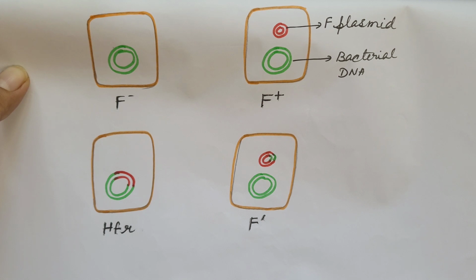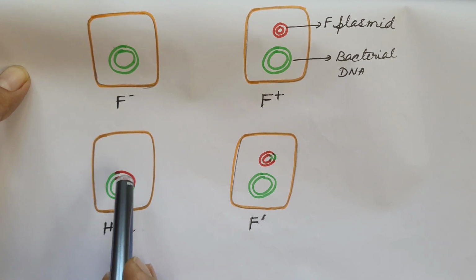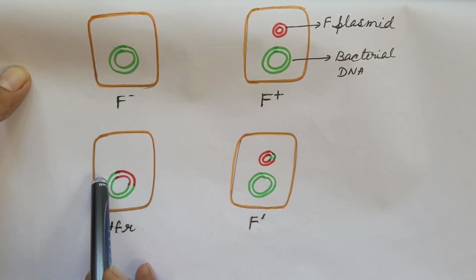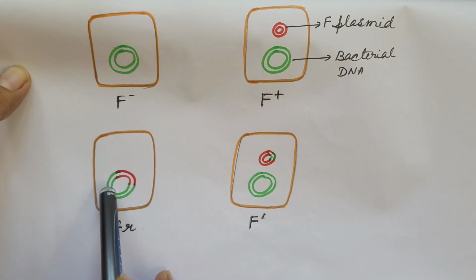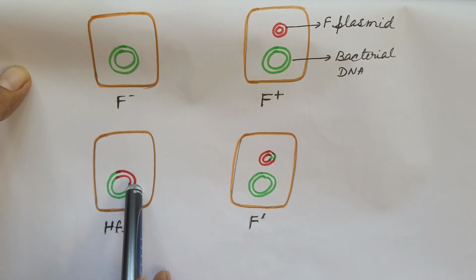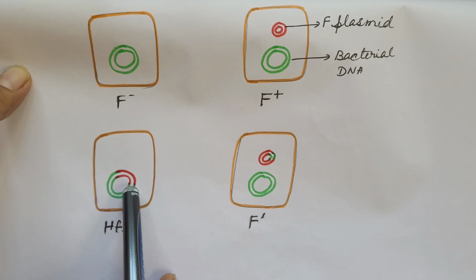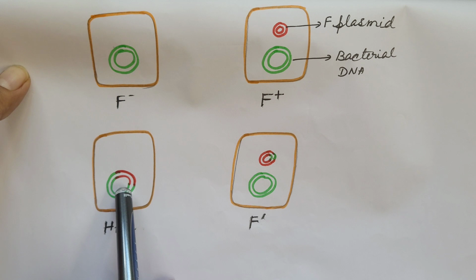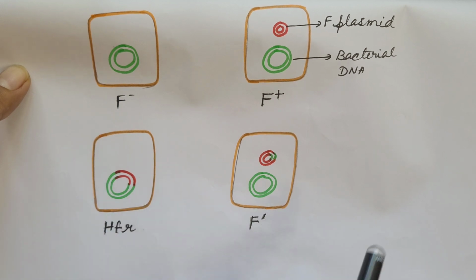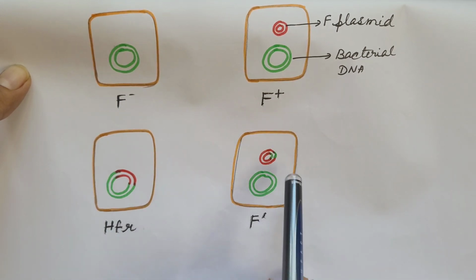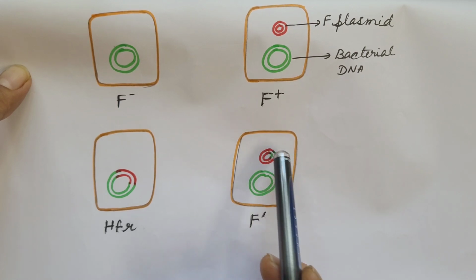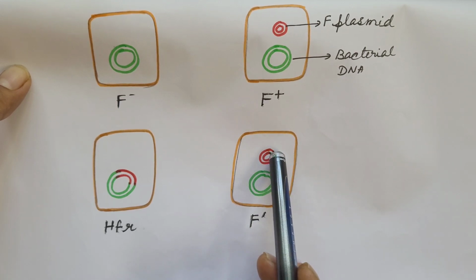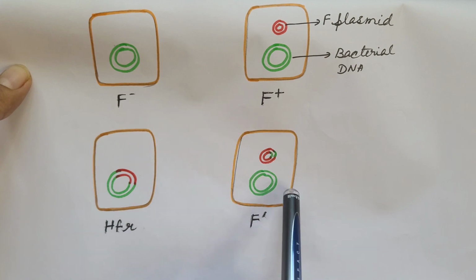Sometimes, due to certain induction like the presence of ultraviolet radiation or certain chemicals, this F plasmid is excised from the bacterial DNA or bacterial chromosome with some of the genes of bacterial DNA that are close to the integration site. So now the cell which we get has bacterial DNA and an F plasmid with some bacterial genes. This is known as an F prime cell.